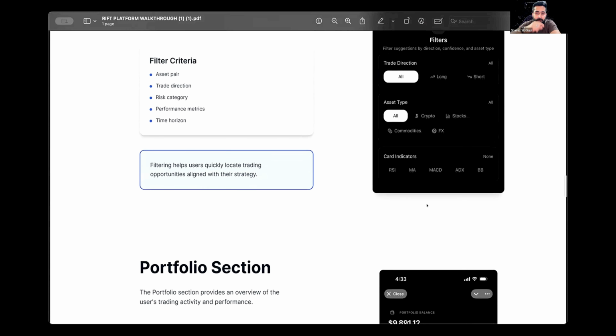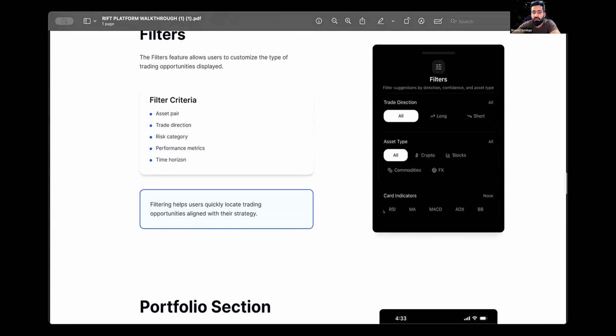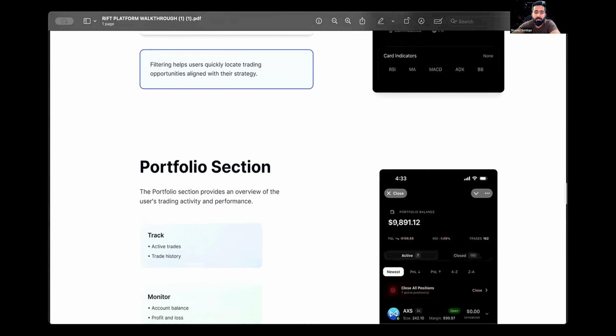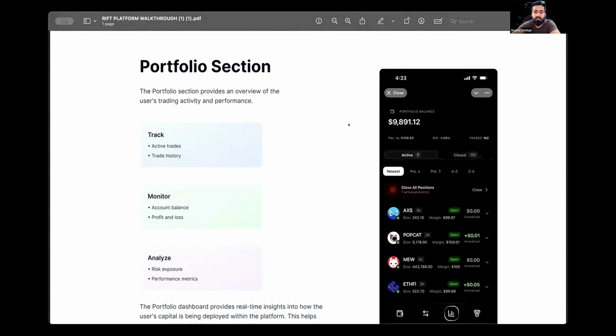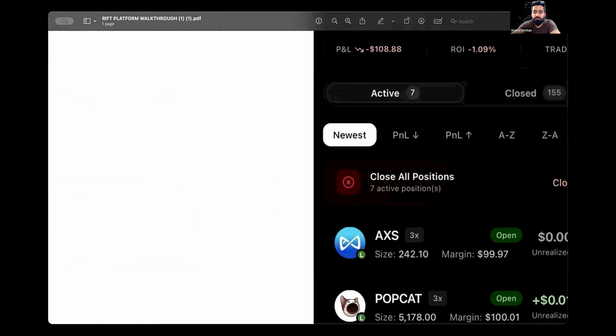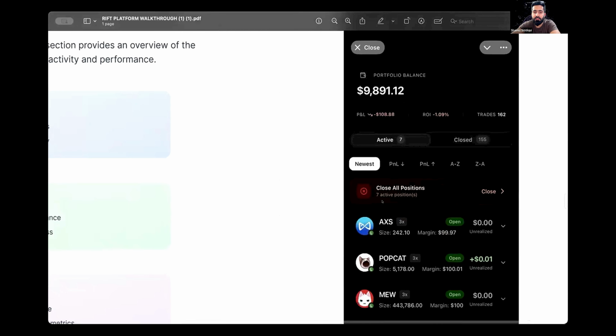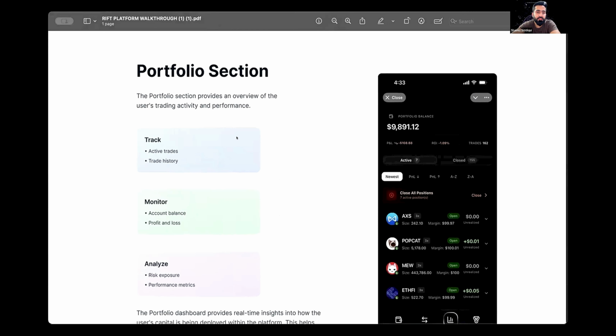Then there are card indicators of different indicators that are available on dexes: RSI, MA, MACD, ADX, BB. Then there is the portfolio section in which you will see the assets that you are going to trade with, the trades which are active, trades which are closed, and as I said, there is a force close all trade feature yesterday.